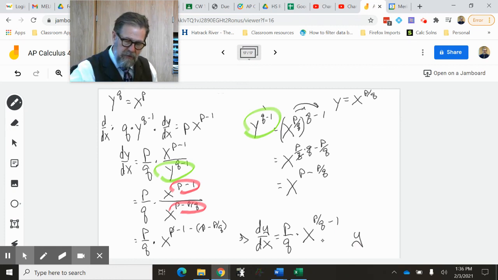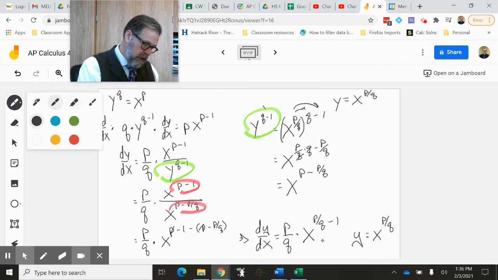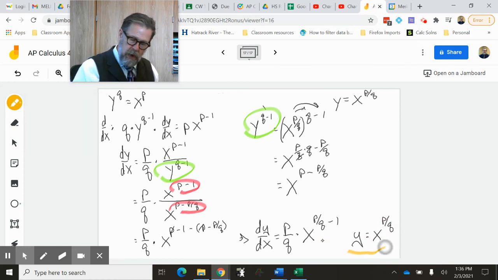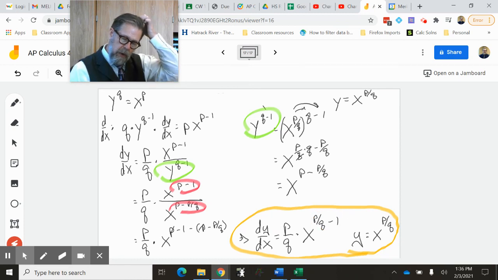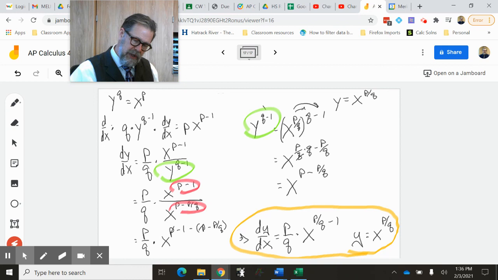And this was given that y is equal to x to the p over q. So there's what we've got. We started with y equals x to the p over q, and we proved that we can just bring the p over q out front and then subtract 1 for the new power, which is exactly what the power rule had said.